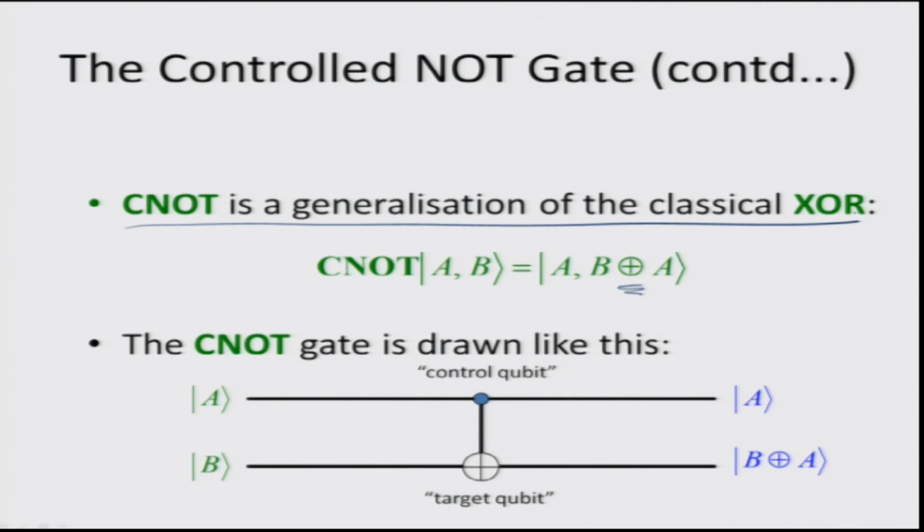So, the classical XOR is essentially this, where you have this principle, and here you are using this 2 qubit case, where the second bit is going to behave based on what the first bit is going to be. It is drawn in this fashion. This is also important to know, because you would like to see it. So, basically the first bit remains as it is. So, whether it is 0 or 1 remains as it is. The second one is going to change, and depending on whether the control is going to do something or not, it is going to show up as a result. That is how it is.